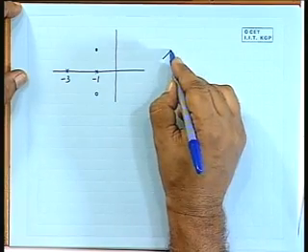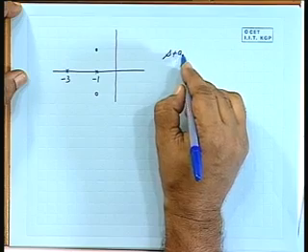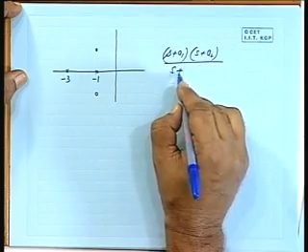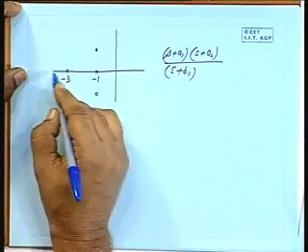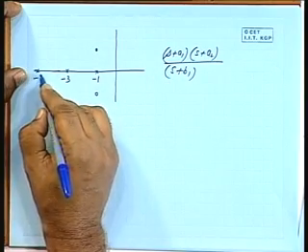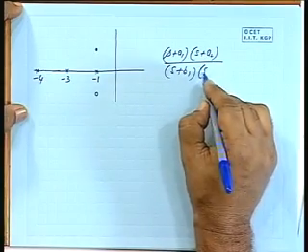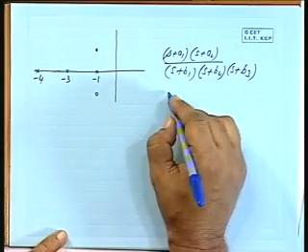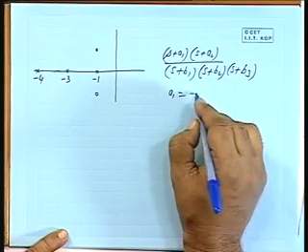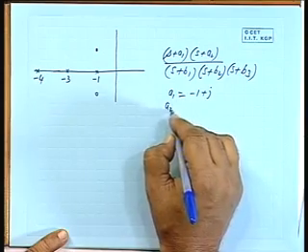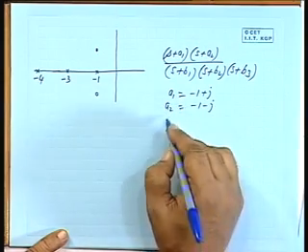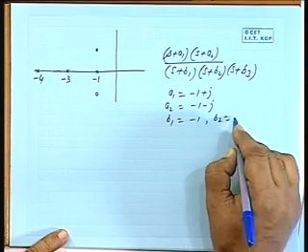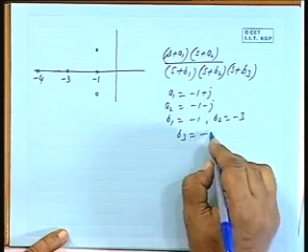I have got (S plus A1) into (S plus A2) by (S plus B1), and say another one at minus 4, (S plus B2) into (S plus B3), where A1 is minus 1 plus j, A2 is minus 1 minus j, B1 is equal to 1, B2 is 3 and B3 is 4.